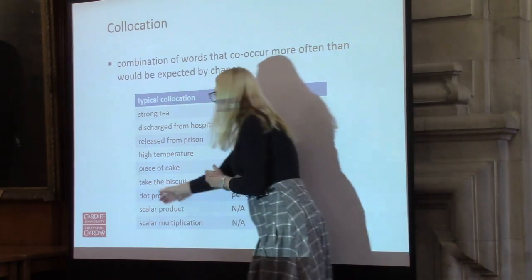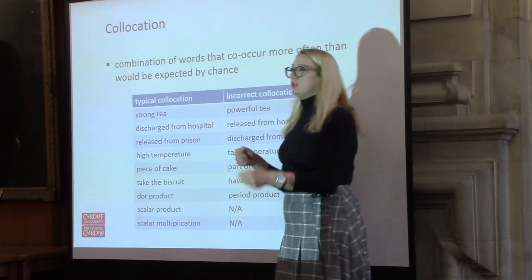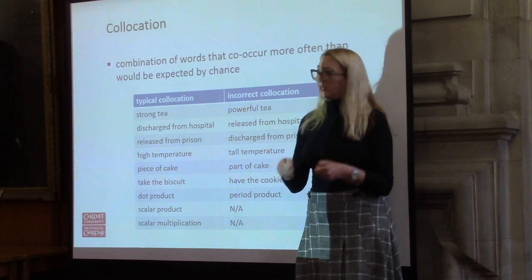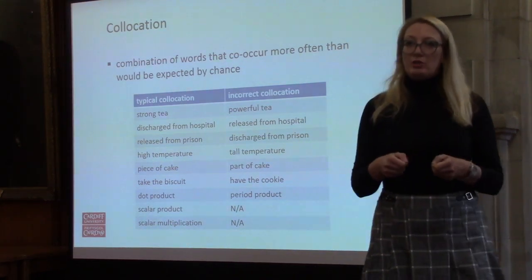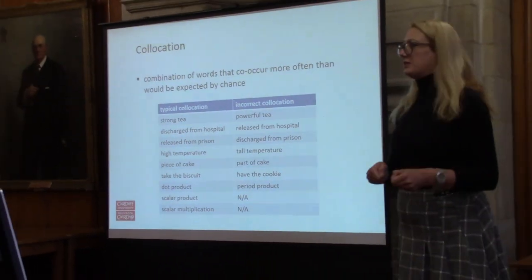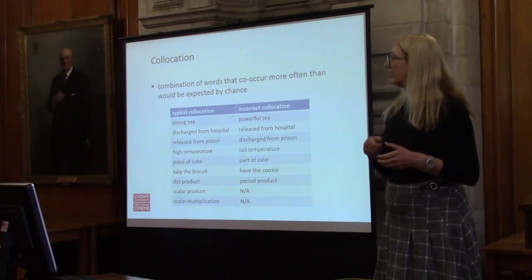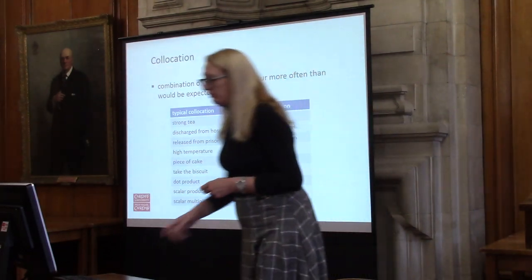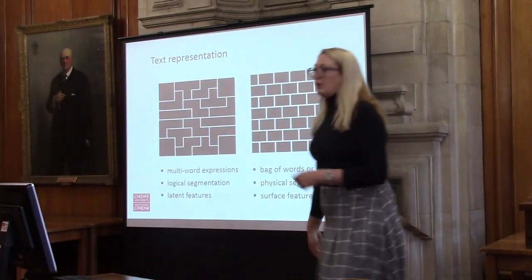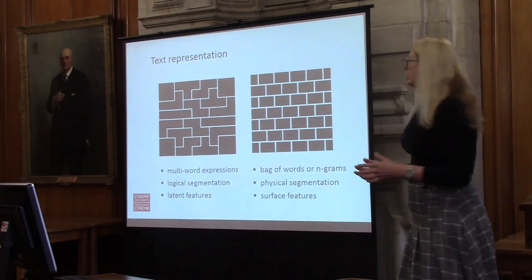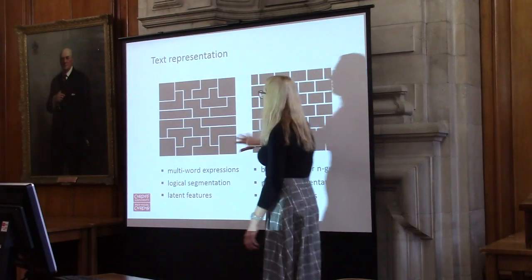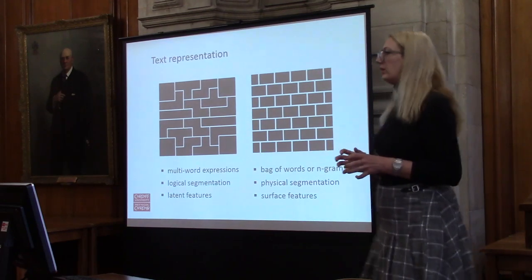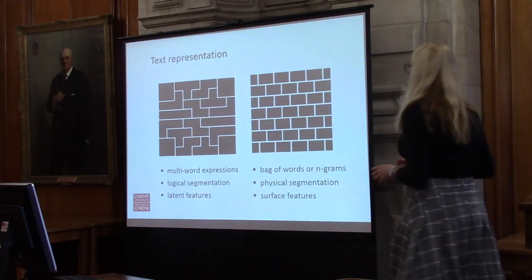So you can see that you can't just pick and choose and combine any way you like. You actually need to preserve multi-word terms as they are, because they refer to a specific concept, and the meaning of that concept gets lost if you chop it up into individual words. So if we think of text representation like this, if we use multi-word expressions, we still preserve some sort of logical organization of text.